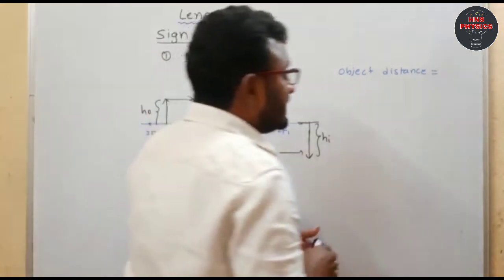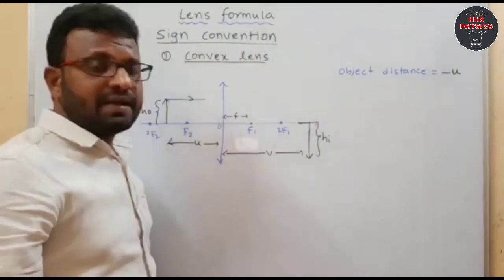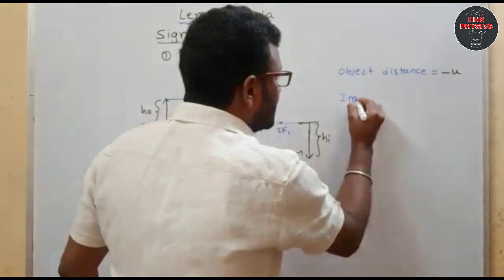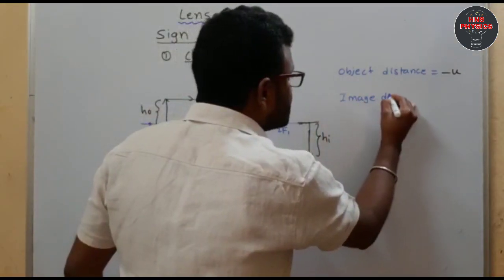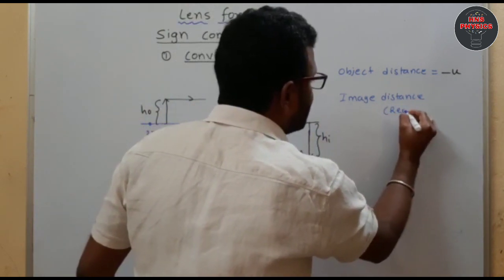So the sign will be negative. That object distance is negative. Come to image distance, that is for a real image.